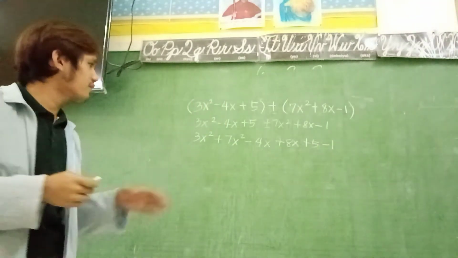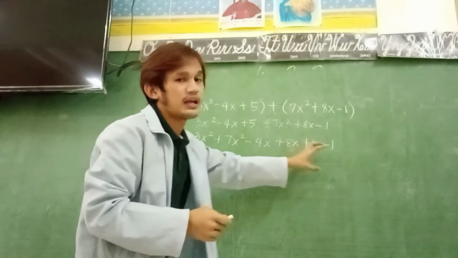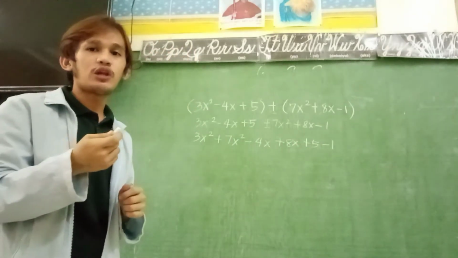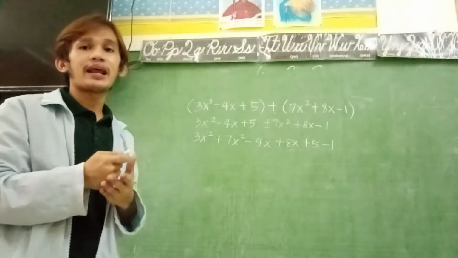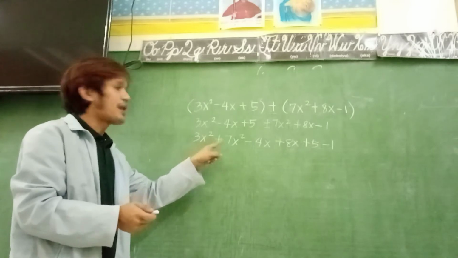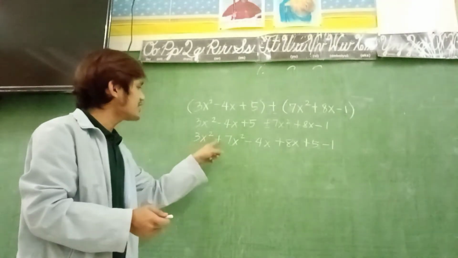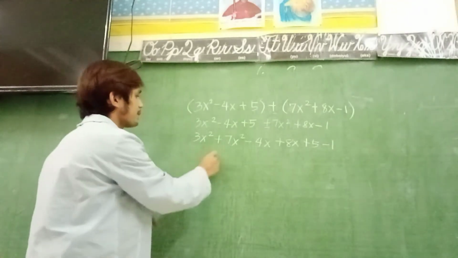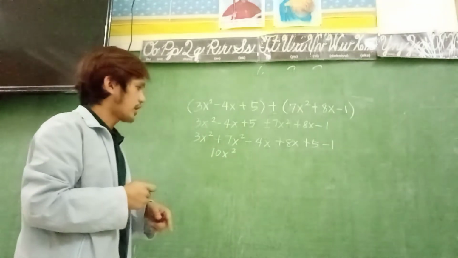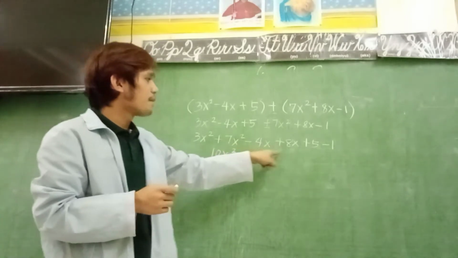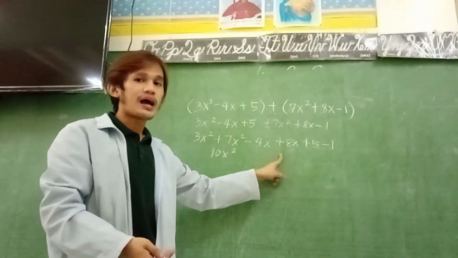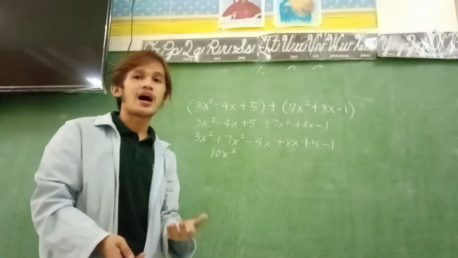So, if you have this now, this time you're going to combine na. Pagsasamahin na po ninyo lahat ng magkakaparehas na terms. 3x squared plus 7x squared is 10x squared. Okay? So, negative 4x plus 8x, they are different signs, so meaning you are going to subtract, and then you keep the sign of the higher number.